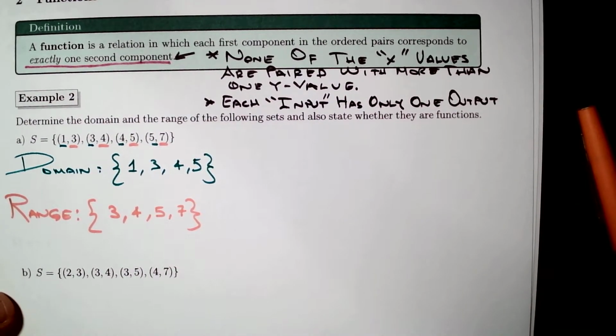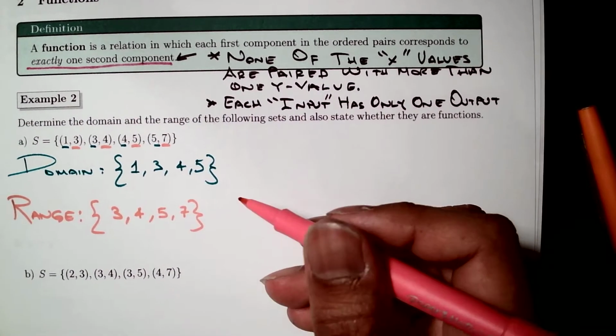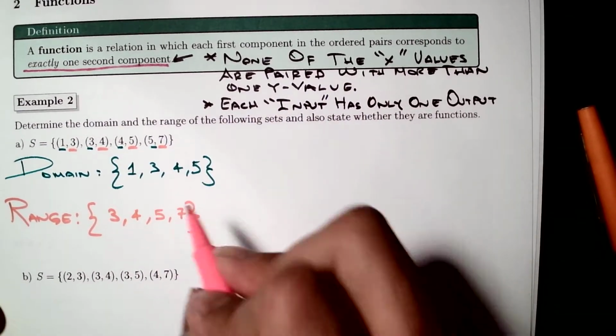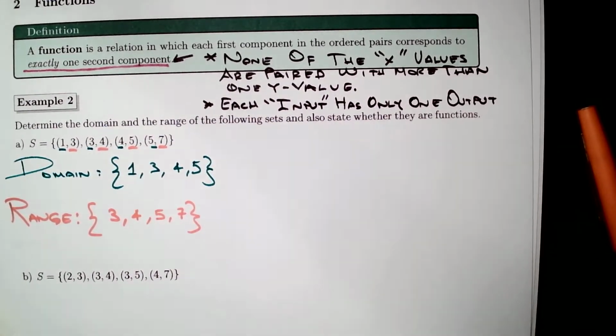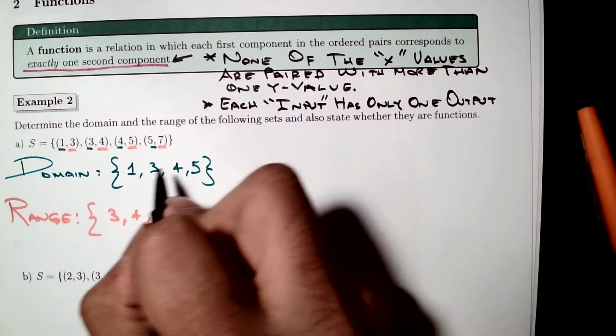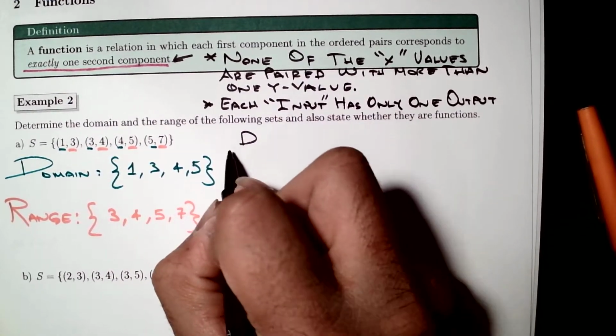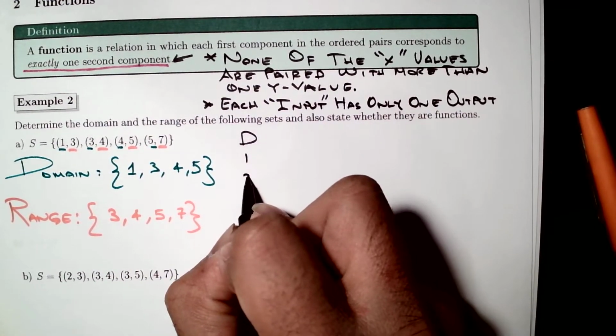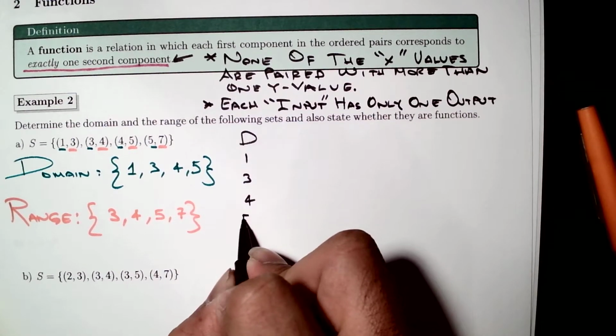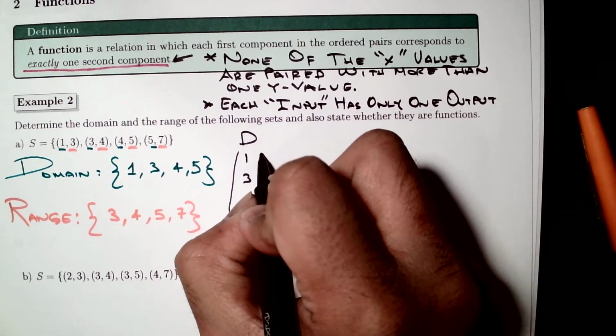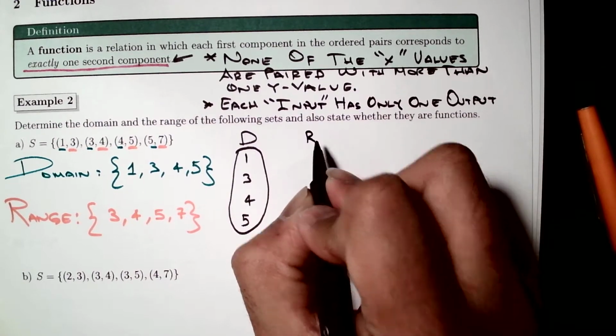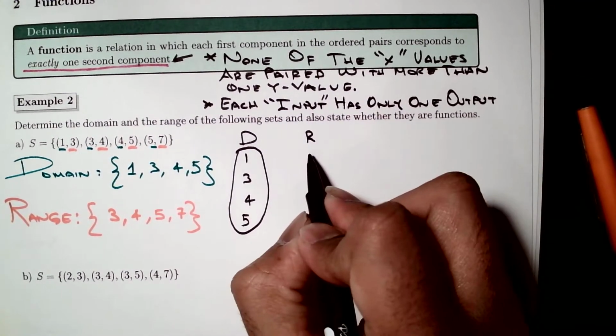Okay, now to visualize this, you might want to use a map. So I'm going to write the domain in vertical form: 1, 3, 4, and 5. Put them in a bubble, and their elements in the range: 3, 4, 5, 7.